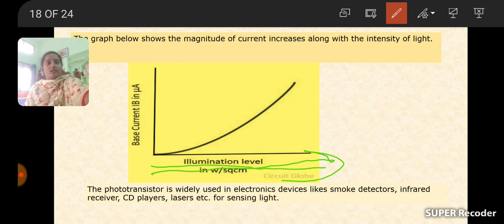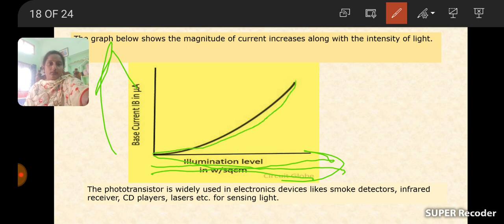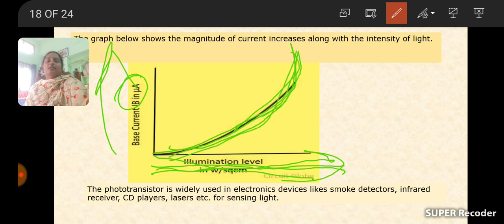On the x-axis we take the illumination of light, in watts per square centimeter, and this is the current in microamperes. So when the light increases, the current also slowly increases. Of course it is in microamperes, but by increasing the light, the flow of current must also increase. So the amount of light illuminated on the junction is directly proportional to the current produced.